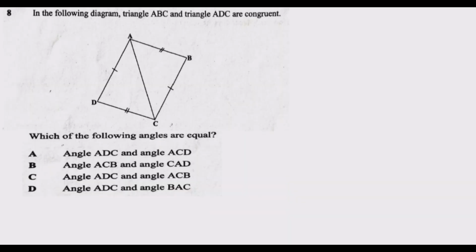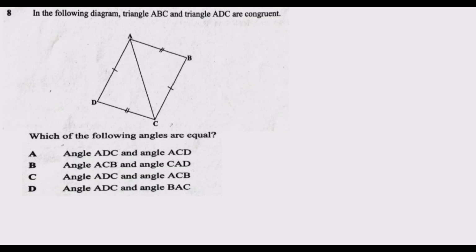Okay, so question 8 was as follows. In the following diagram, triangle ABC and triangle ADC are congruent. You need to take time and study the diagram. Once you have studied, we can go to the actual question, which is, which of the following angles are equal?